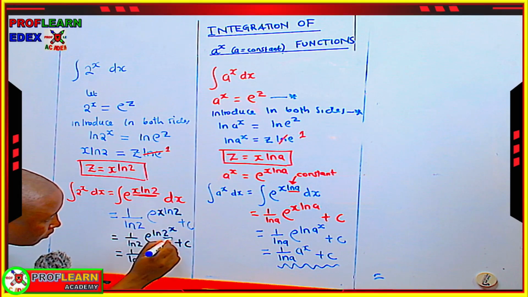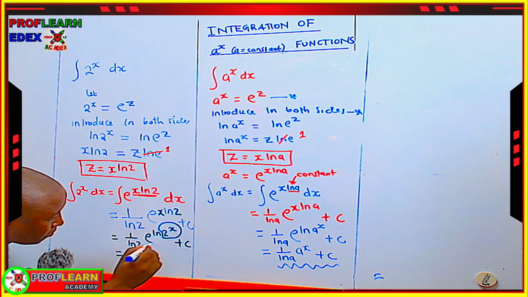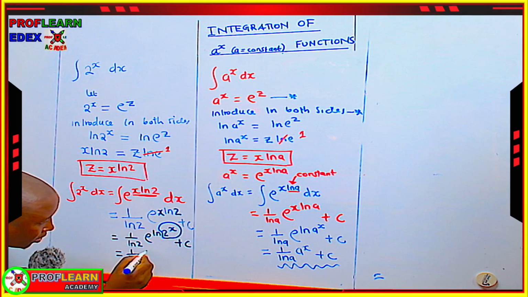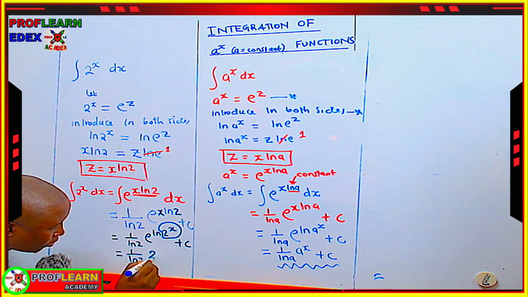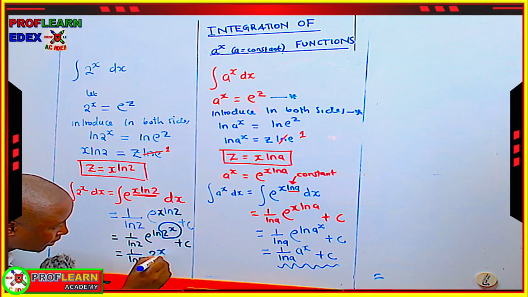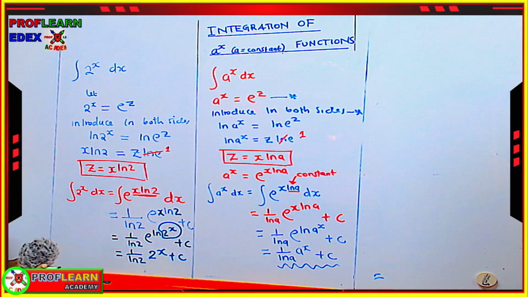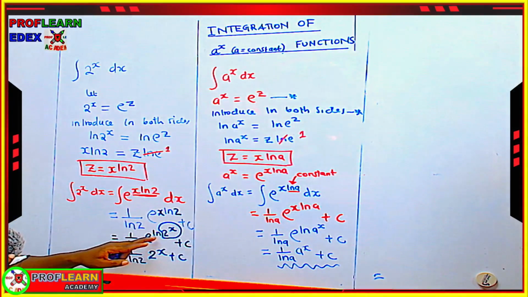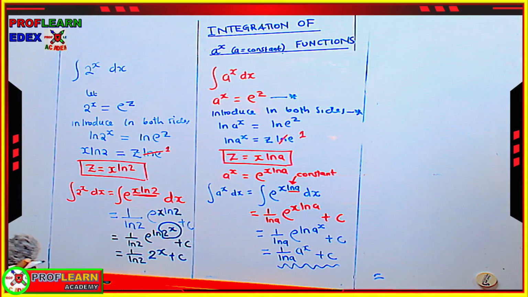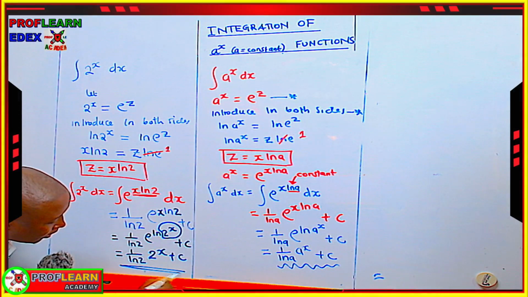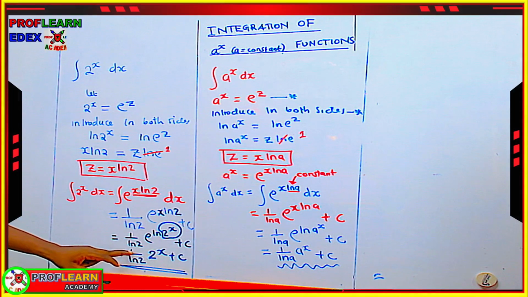Taking the whole of this behind the exponent, we shall have 2 to the x then plus c. Because when you take this behind the exponent, e to the ln is going to be 1. So we're going to remain with our answer as 2 to the x over ln of 2 plus c.